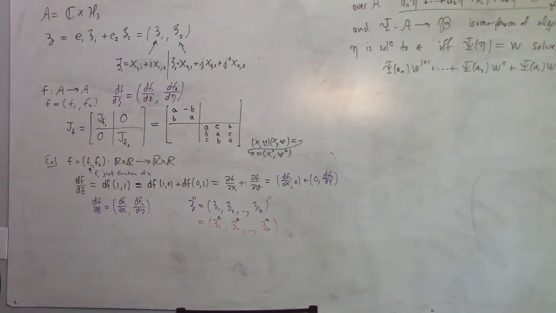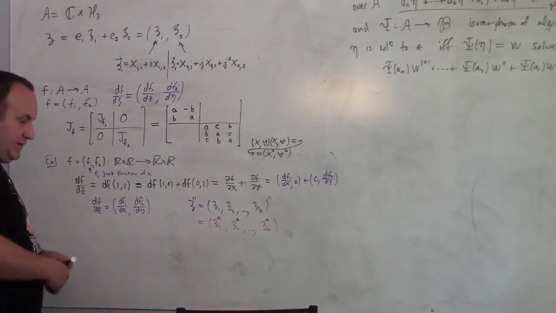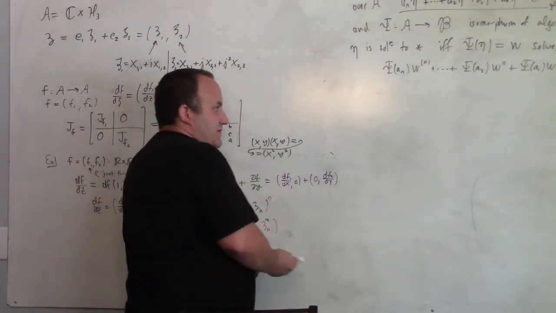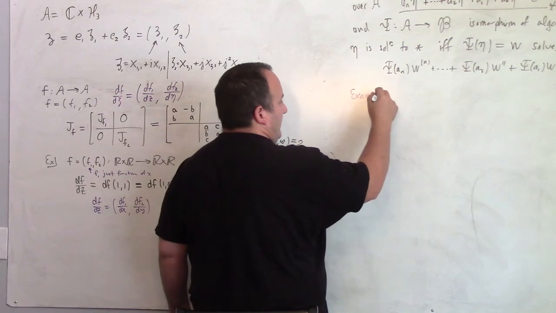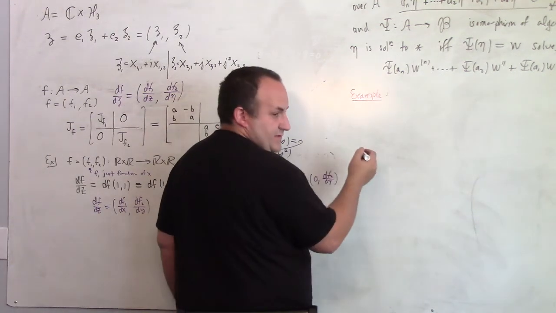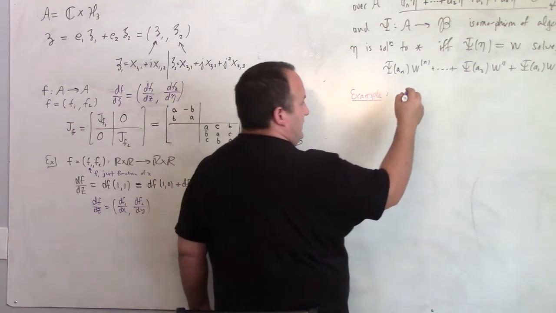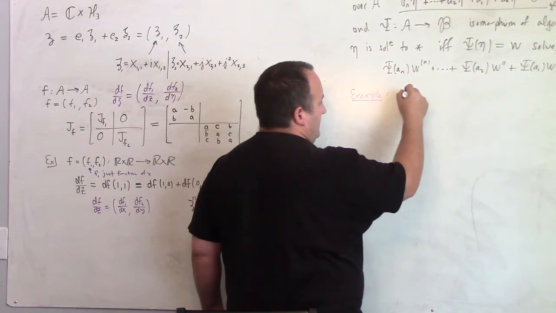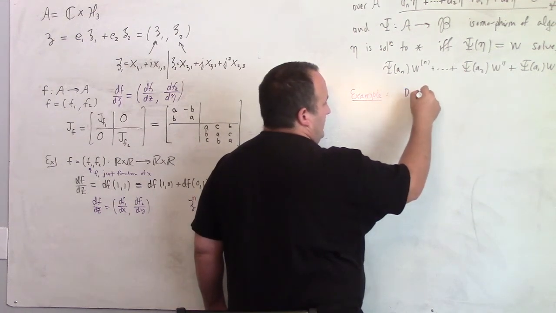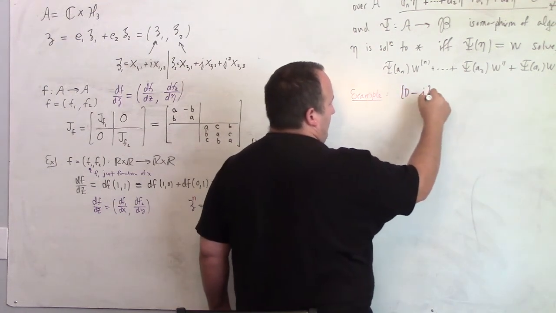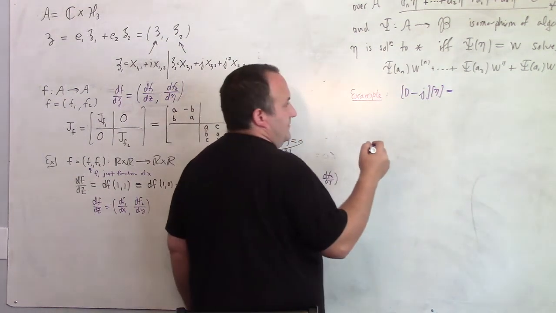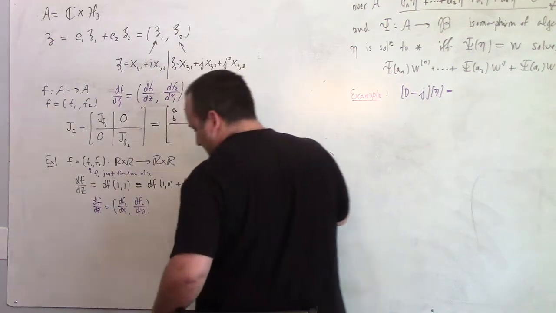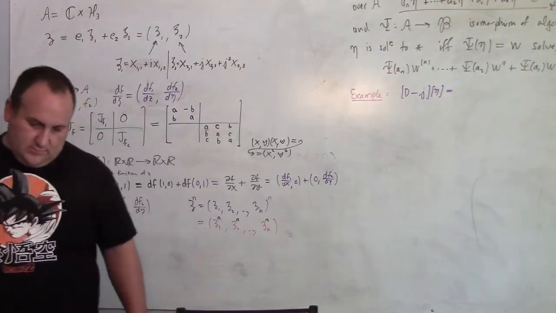So I think it's interesting to actually look at this for the thing we couldn't solve by the usual techniques, the thing we had to use series integration to solve. We had d minus j acting on eta equal to whatever it was.